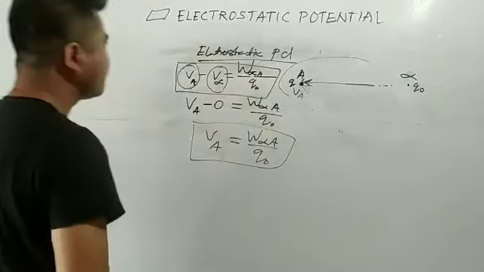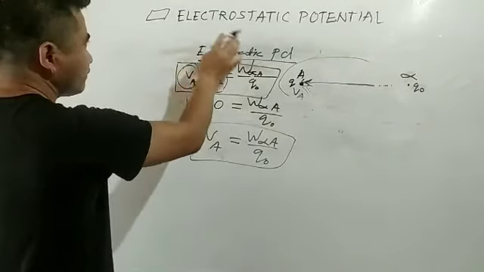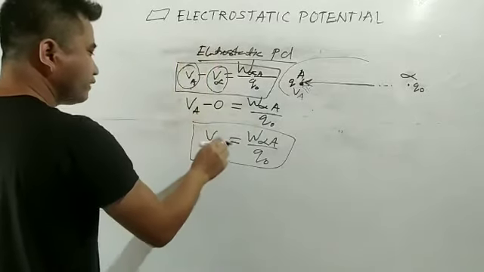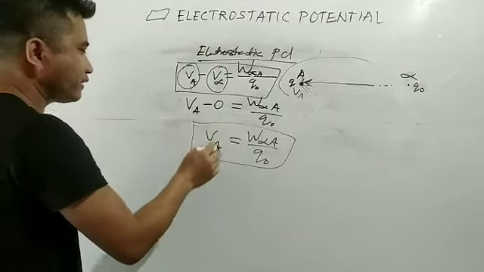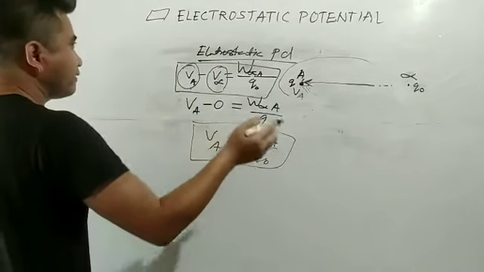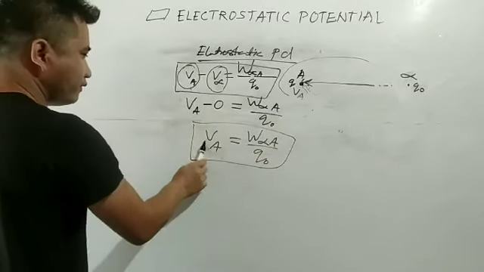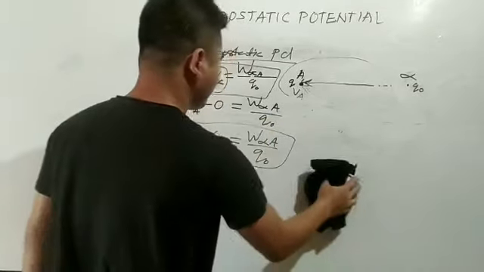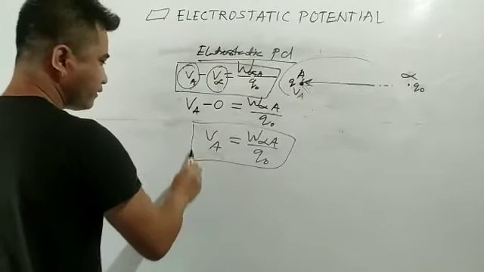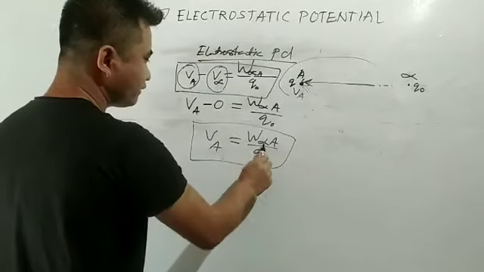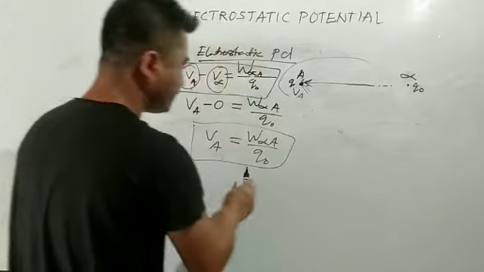Okay, next, we will derive what the electrostatic potential is at any point. Now next is the derivation of this one. So you remember this formula, VA equals W infinity to A by Q naught.